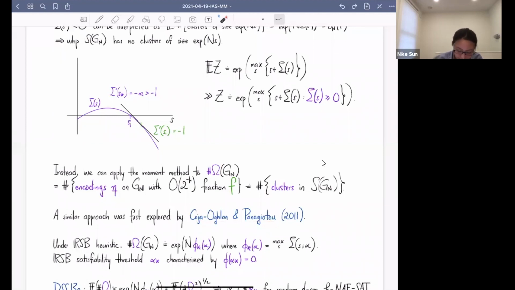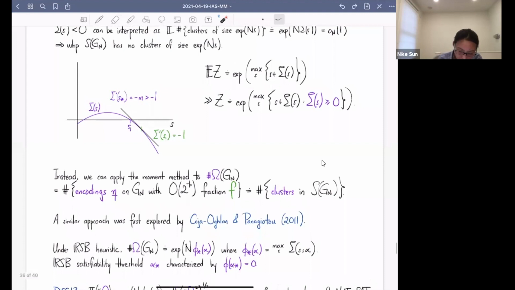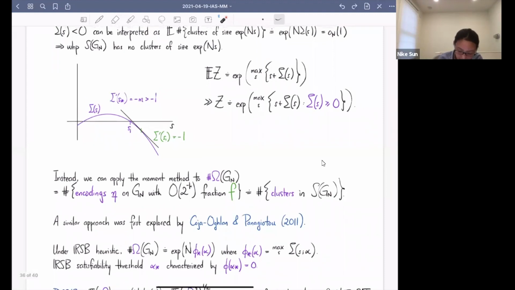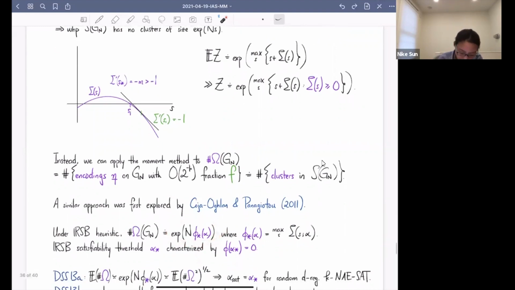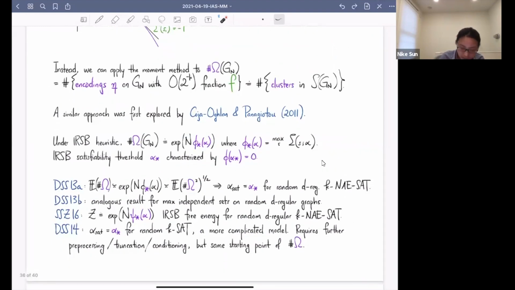Under the 1RSV heuristic, the moments should be roughly equal to the free energy of this problem. What has been shown in some of the rigorous work is that for this particular model, we computed the first and second moment, and showed that it corresponds to this value alpha star. So this gives the satisfiability threshold for this model.